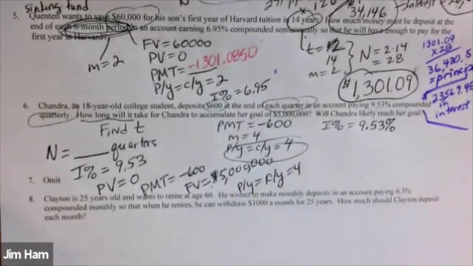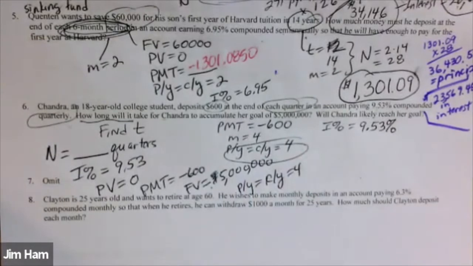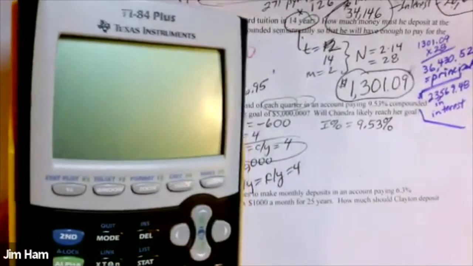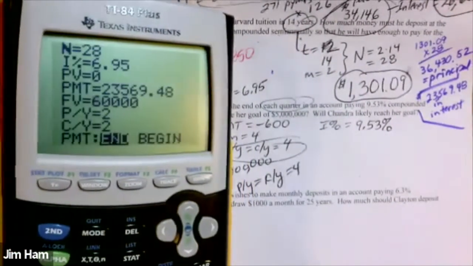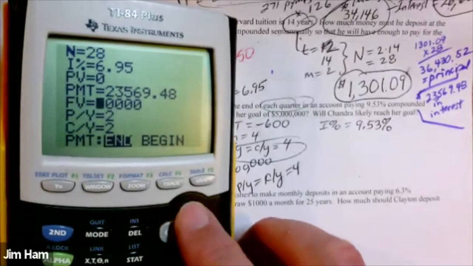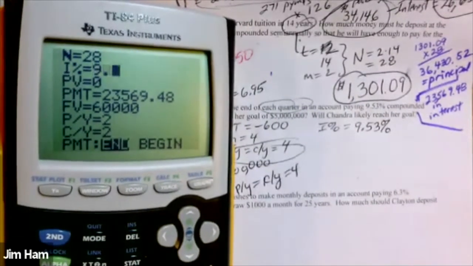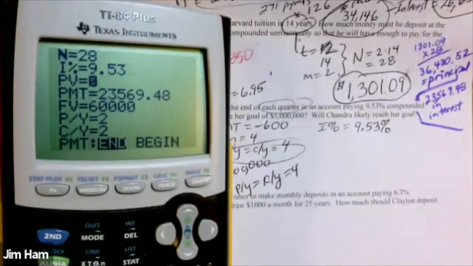With those inputs in there, we can calculate the N using the TVM solver. And then we can answer the last question, which is, is it likely that Chandra is going to meet her goal?